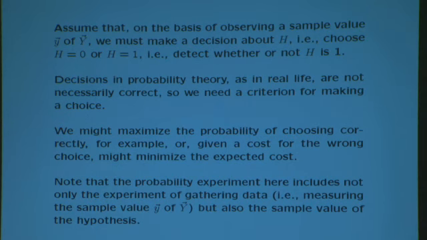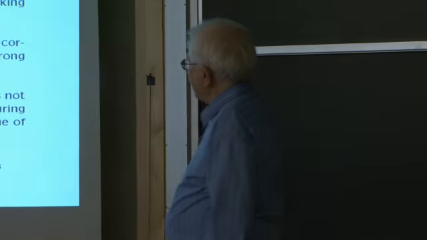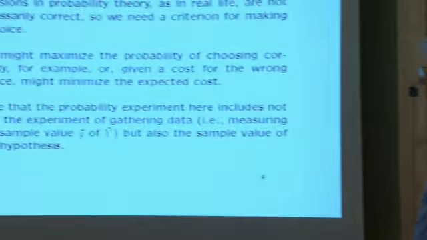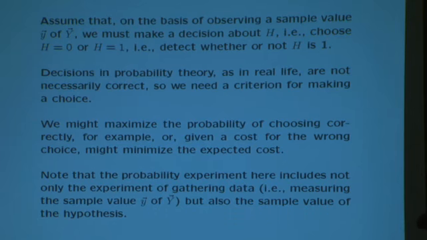Namely, there's not a correct hypothesis to start with. The experiment involves God throwing his dice. Einstein didn't believe that God threw dice, but I do. And after throwing the dice, one or the other of these hypotheses turns out to be true. All of these observations point to that, or they point to the other, and you make a decision. Okay, so the experiment consists both of choosing the hypothesis and of taking a whole sequence of observations.